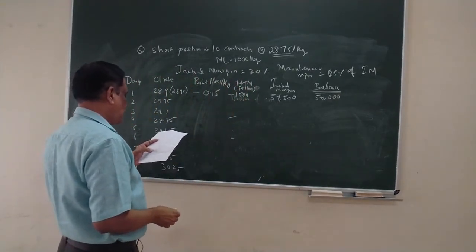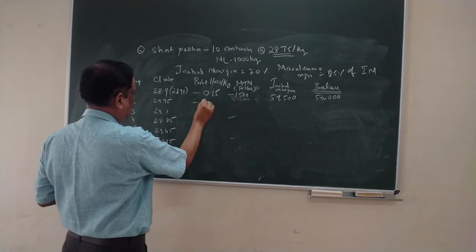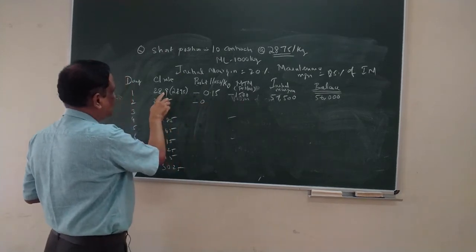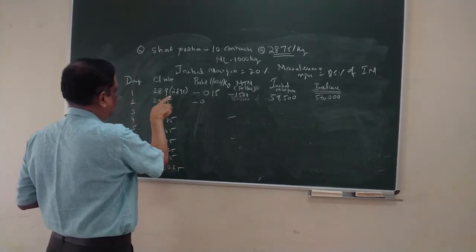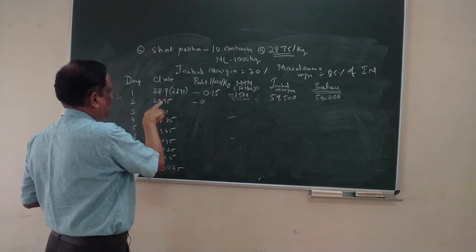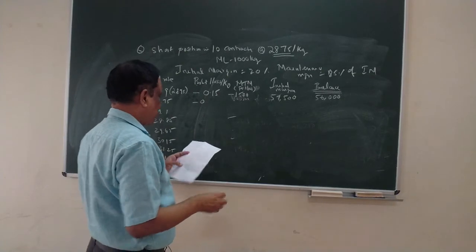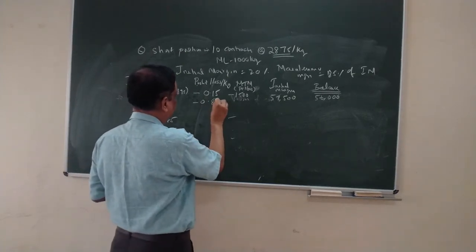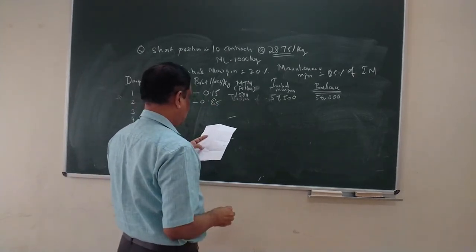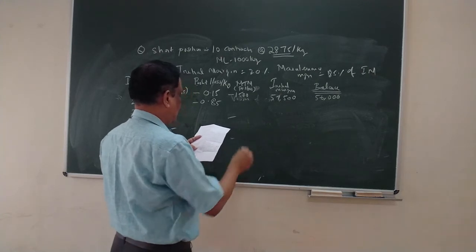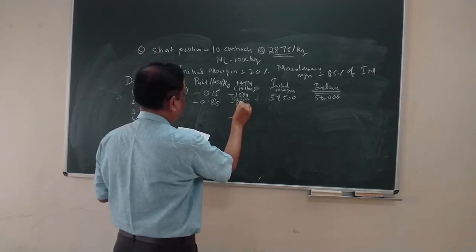Second is 29.75. So the loss is, from here you have to calculate 29.75 minus 28.9. That will be 0.85. The loss is minus 8,500.